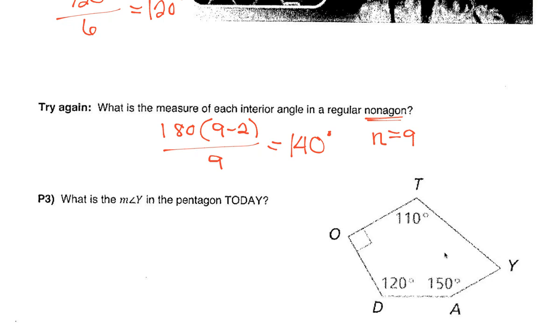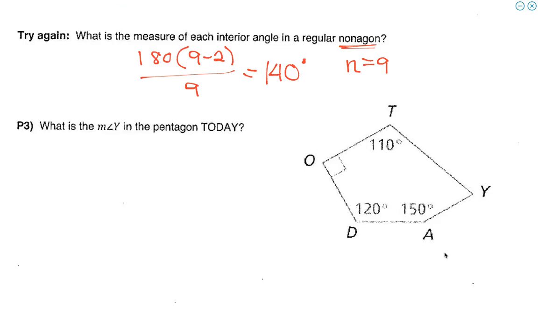All right, what is the measure of angle y in the pentagon TODAY, or today? How clever. So since it's a pentagon, it's not a regular pentagon, or they would all be congruent, and we can see that they're not. So that means n equals 5. So S equals 180 times 5 minus 2.